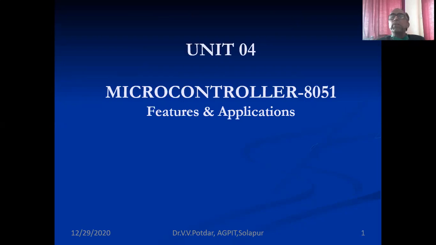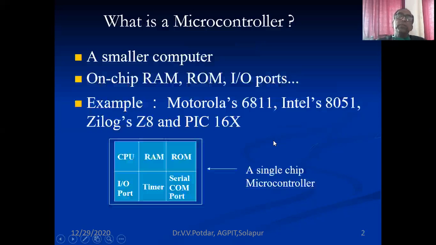So in a single chip, in a microcontroller, you'll find RAM, ROM, plus the input-output devices can be directly connected. Otherwise, in a microprocessor, you require many peripherals. That is a major difference between microprocessors and microcontrollers. And nowadays, we see widespread use of microcontrollers for many applications.